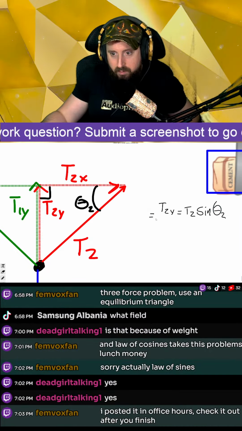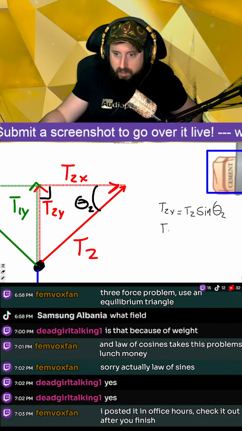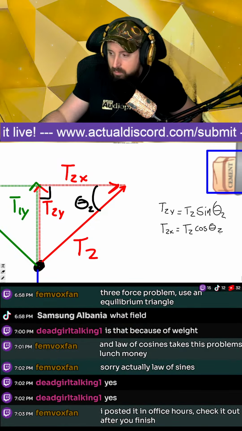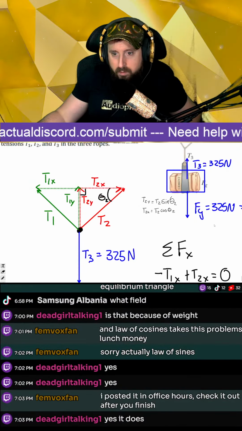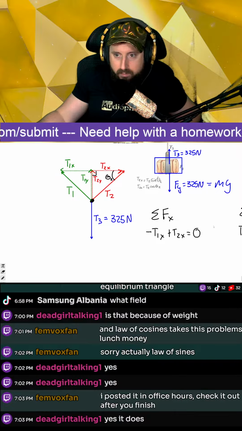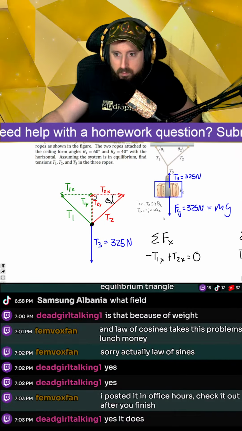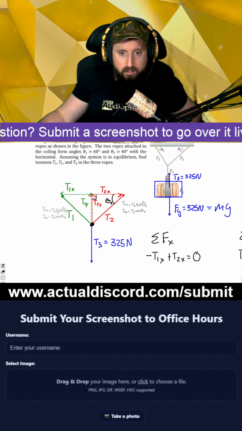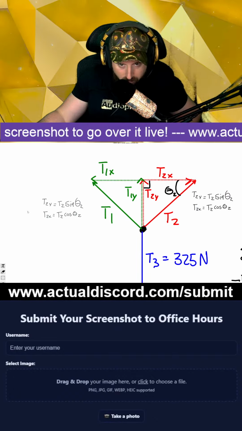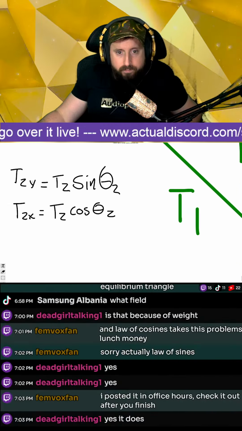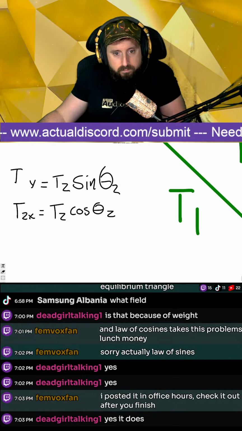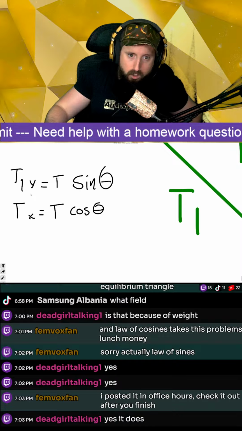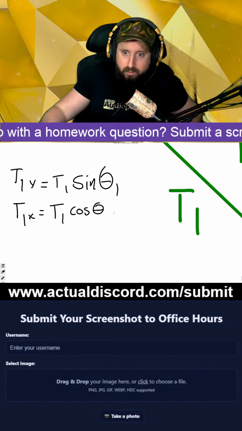Does that make sense how I did that? And then by the same token, T2x will equal T2 cosine theta 2. Great. And then it's the same thing for T1. So that holds here.